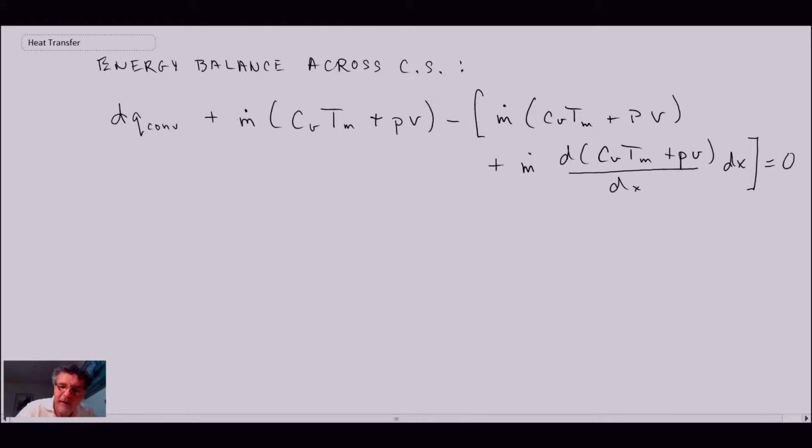But now with this expression, what we note is, first of all, some of the terms are going to cancel out quite quickly. Most importantly, this and this cancel out. And then what we're left with for the differential amount of heat being transferred through convection is equal to the mass flow rate times the following. And we have that expression there.